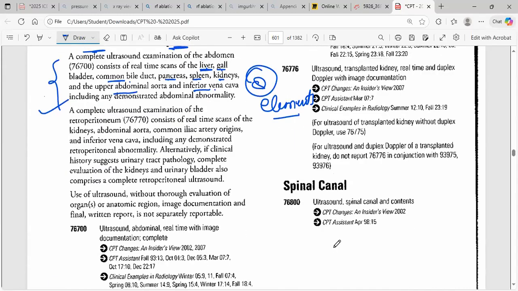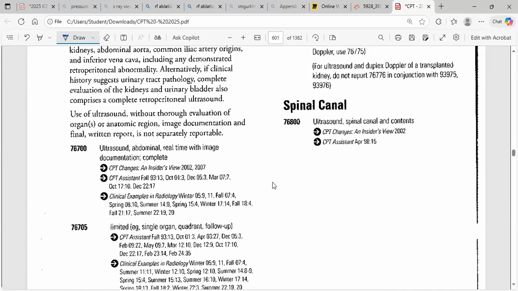I have one question here, okay? Let's say on the same date, the doctor did an abdominal ultrasound. This is a scenario, okay? The doctor did the complete ultrasound, I'm mentioning complete, that means all elements have been reviewed.